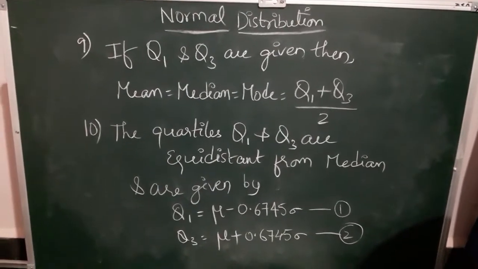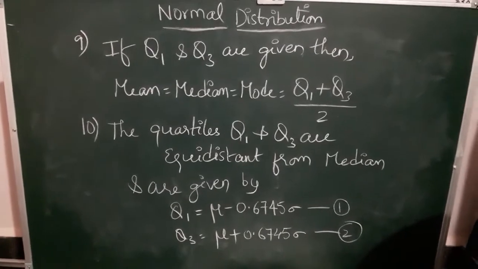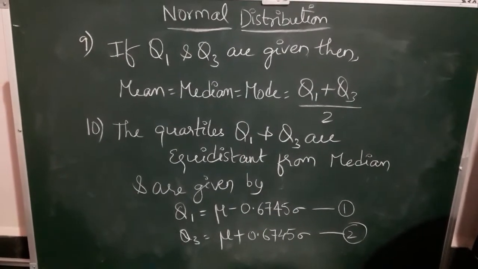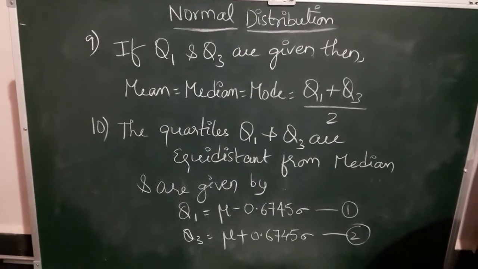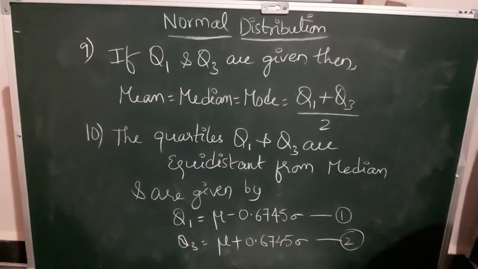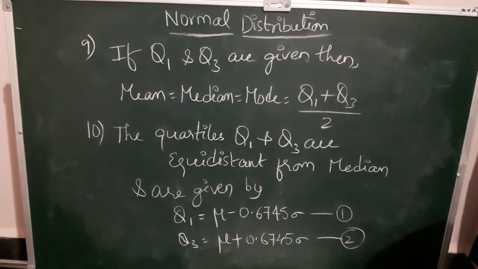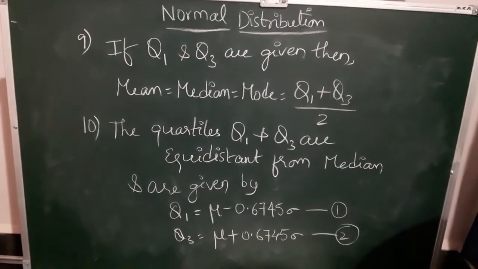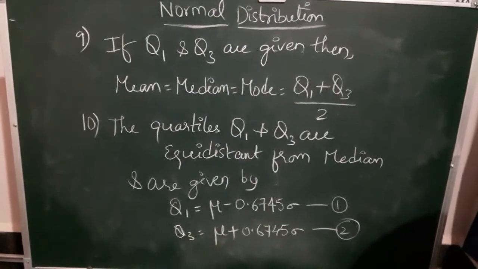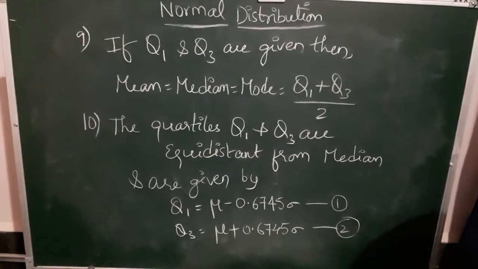The quartiles Q1 and Q3 are equidistant from the median. We have already seen this property in the first year concept, if you remember. In a symmetrical curve, Q1 and Q3 are equidistant from the median. What is the median? Q2, the second quartile, is the median.